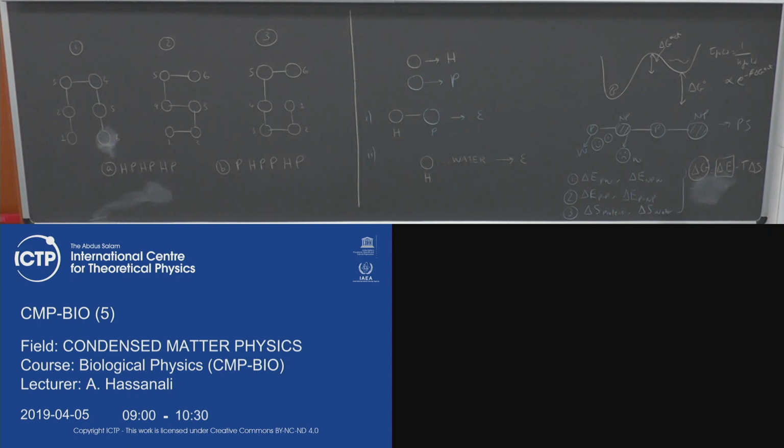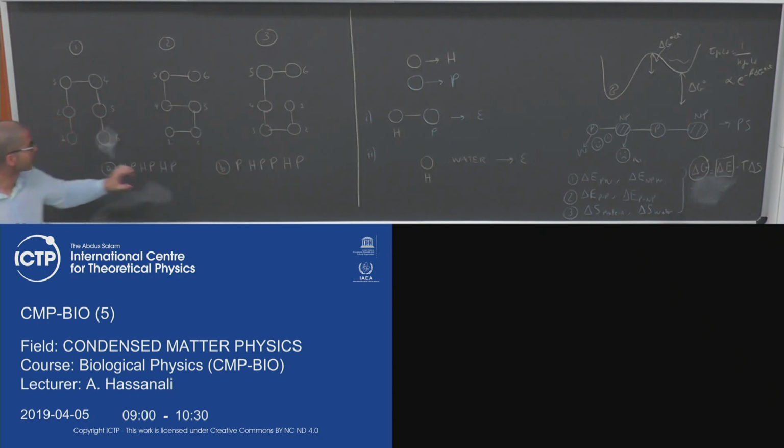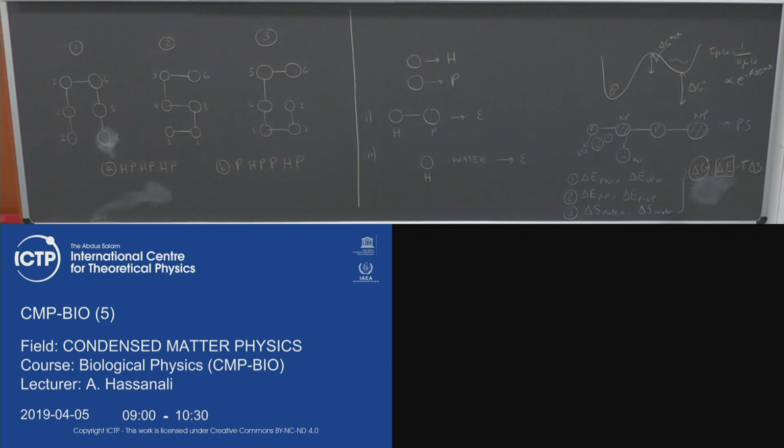Okay, so now we're going to ask the following question. If I put these sites, H and P, onto this, onto this, onto this, versus putting this here, here, or here, what will that do in terms of the total energy of my sequence?